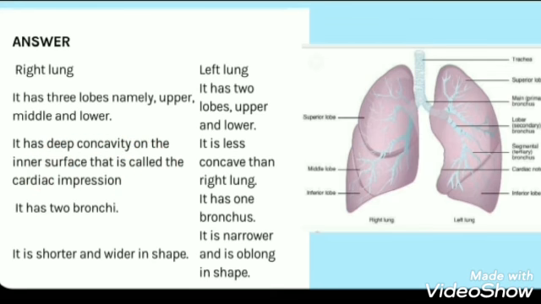This point is wrong in this diagram, so you should remove it. The deep concavity is present on the left lung, because we know that the heart is present on the left side, so the concavity is present on the left lung, which is called the cardiac notch, cardiac impression.